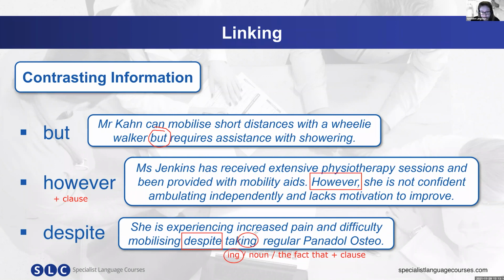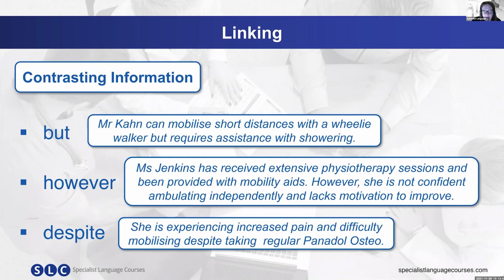Yeah, there's the example. If we wanted to use the noun, it would be despite regular Panadol Osteo. And if we wanted to use it with the clause and the fact that, we'd say, despite the fact that she is taking regular Panadol Osteo. Okay, so if you're going to do the clause, it needs to be like a complete sentence. Yeah, she is taking.